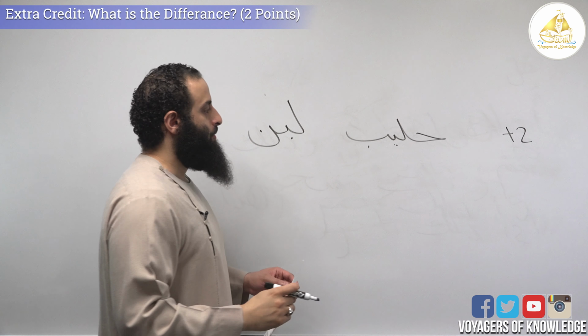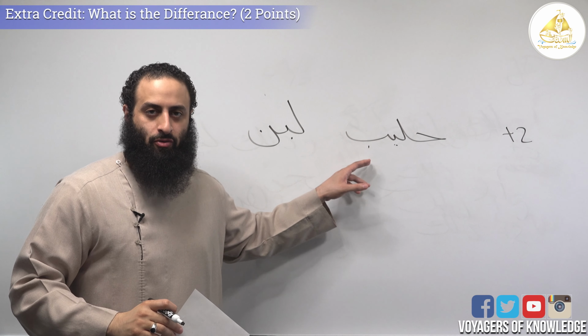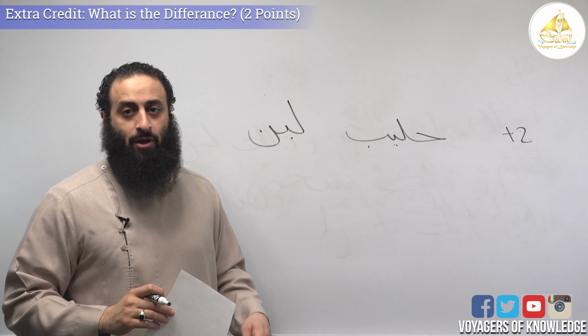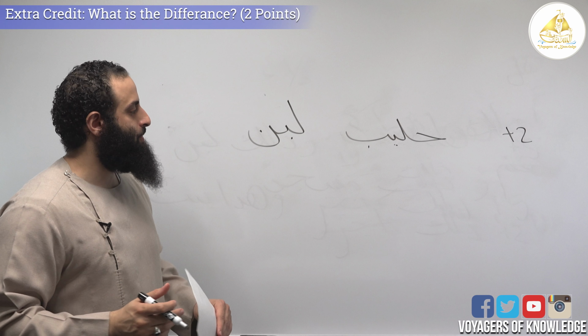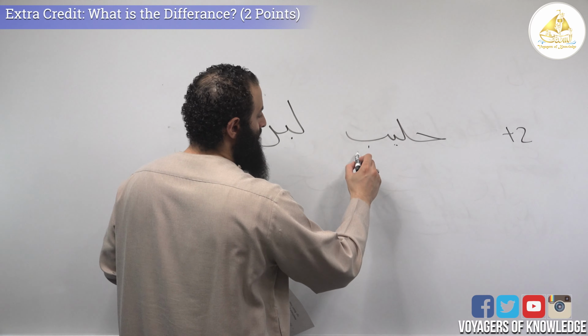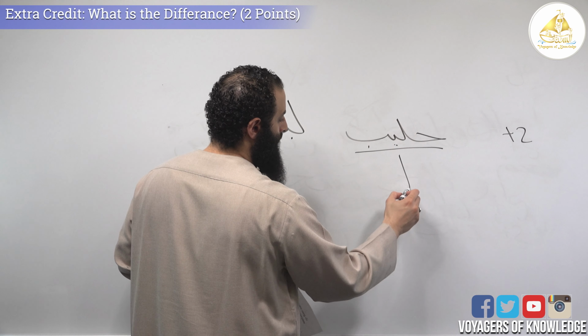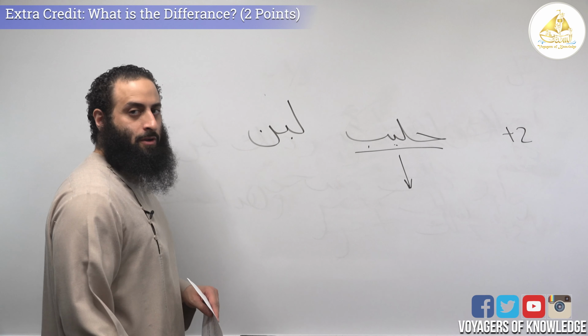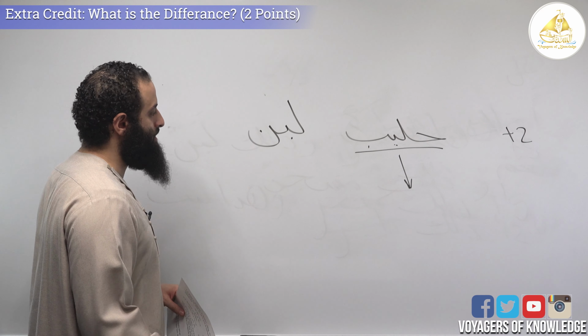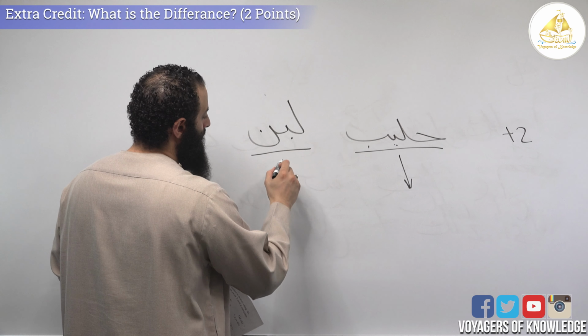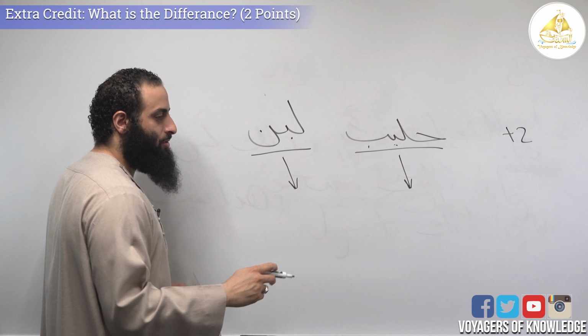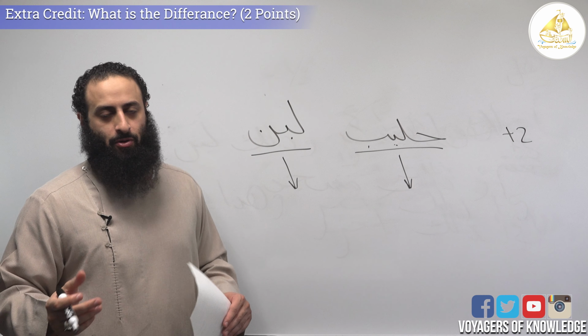Now, we said typically, generally, they mean the same thing as in they're both milk. We said as far as halib goes, it's usually the regular milk, the one that you buy, the galloned ones. And laban is the yogurt milk or buttermilk, okay?